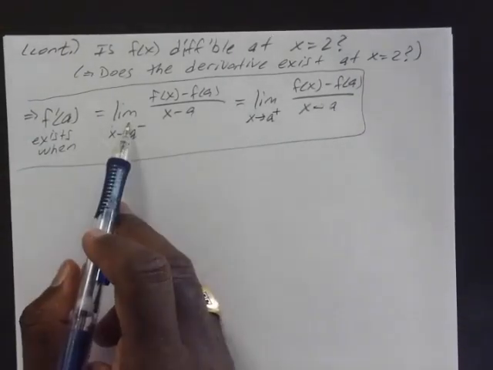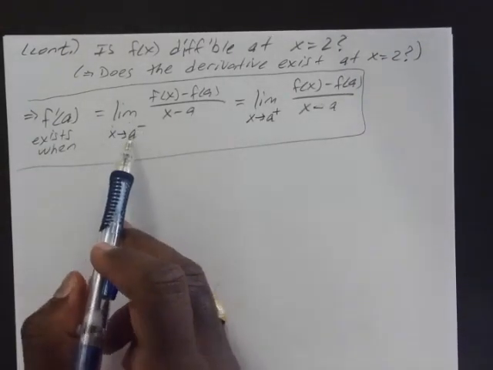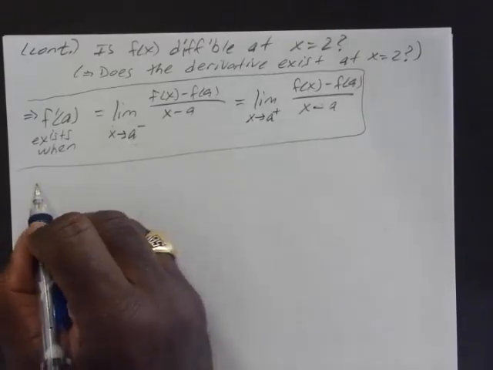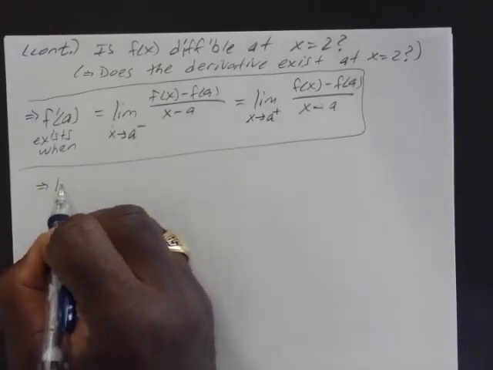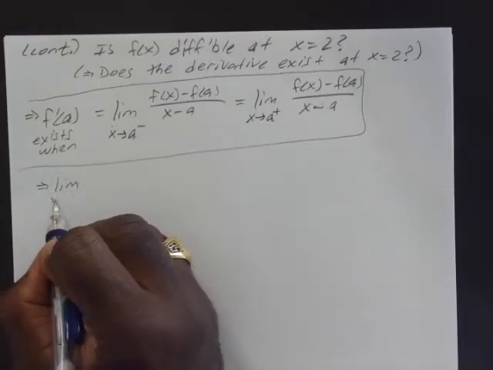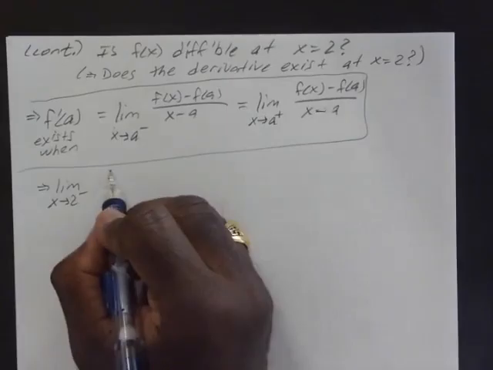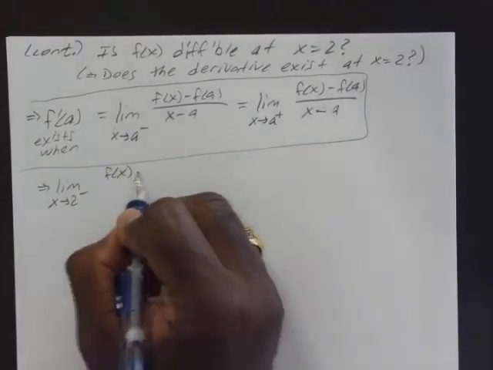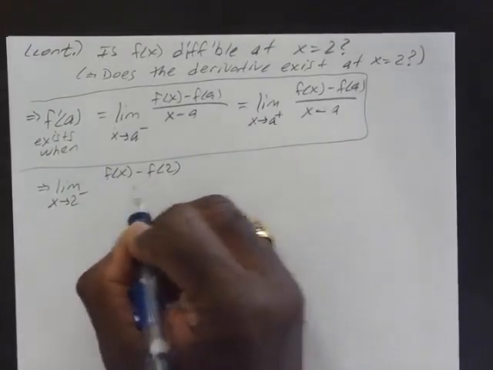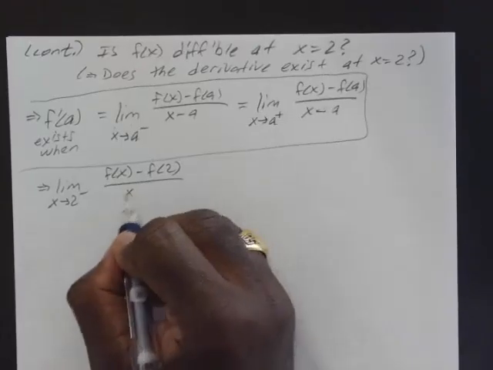Okay, so let's find the limit as x approaches 2 from the left. So we have the limit as x approaches 2 from the left of f of x minus f of 2, all divided by x minus 2.